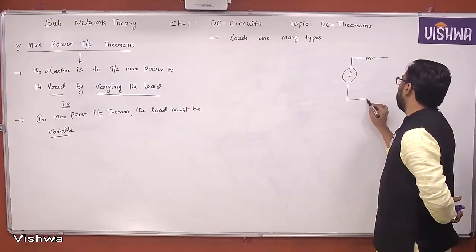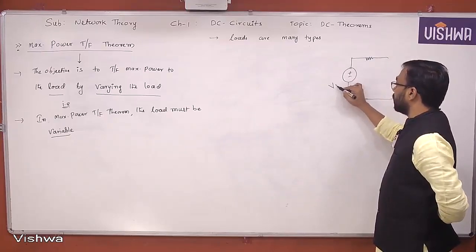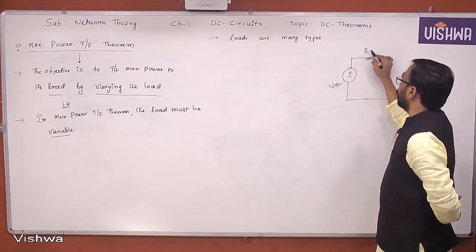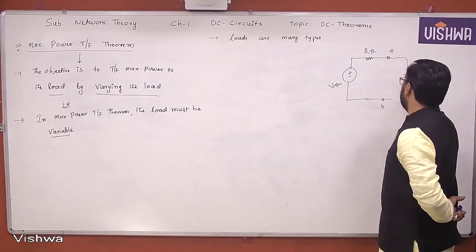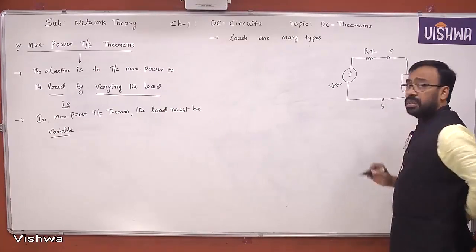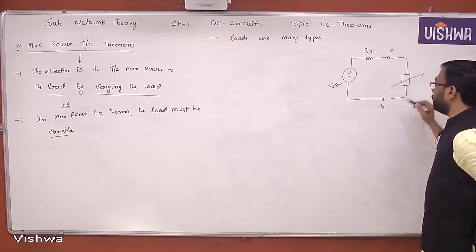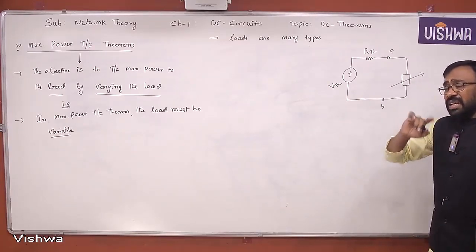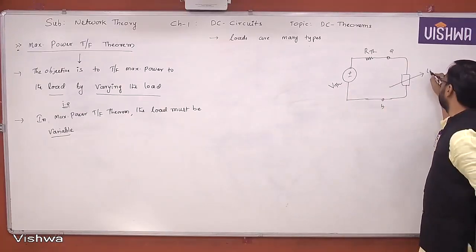Any linear bilateral network can be replaced by an equivalent practical voltage source, nothing but Thevenin's equivalent. You give me any network with respect to the load terminals. So what is this load? Now what is your objective? Vary the load and send the maximum power to the load.